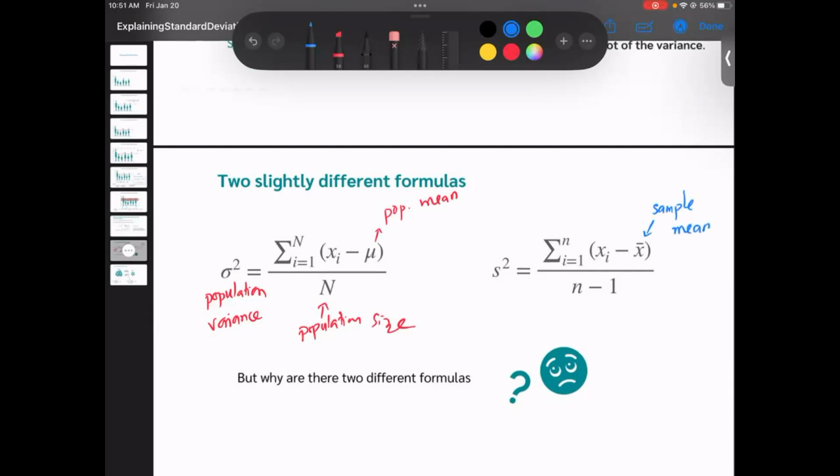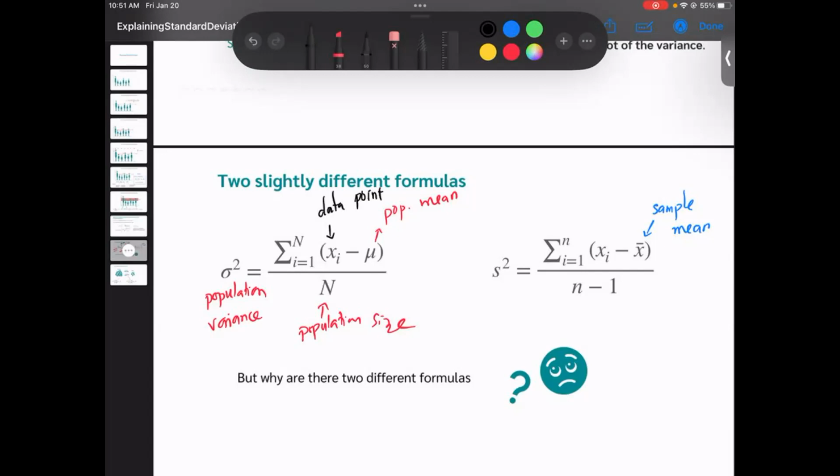That's sample mean. What is xi? Xi is your data point, each observation. Data point number 1, data point number 2, data point number 3. We call that xi, all the way to data point n.